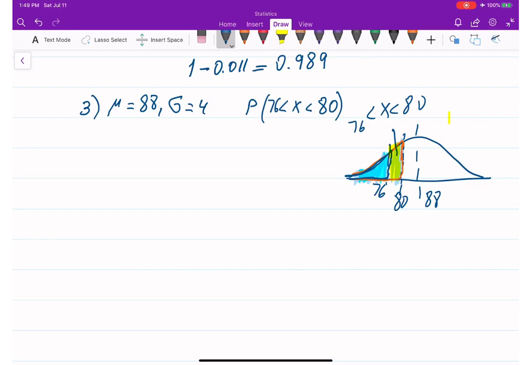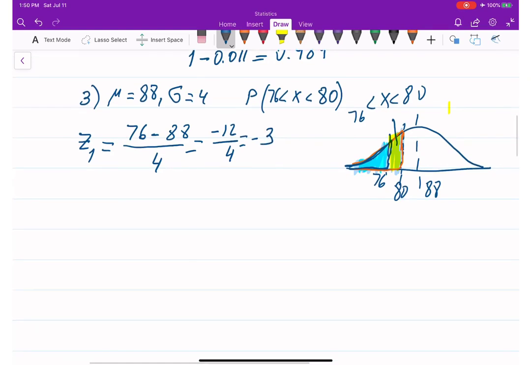So, Z1 for 76 is equal, X is 76 minus mu is 88 divided by 4. Okay, 76 minus 88 is negative 12. And divided by 4, it's going to be negative 3.